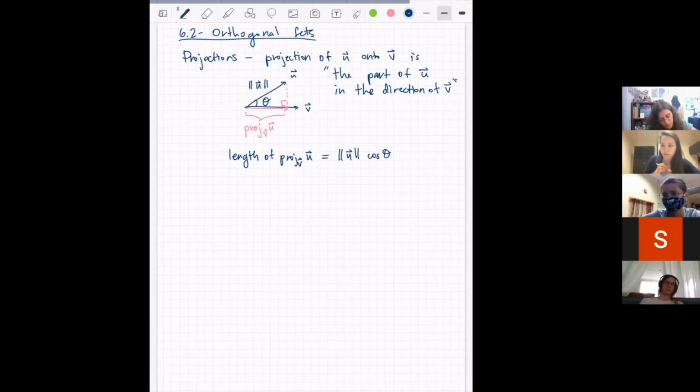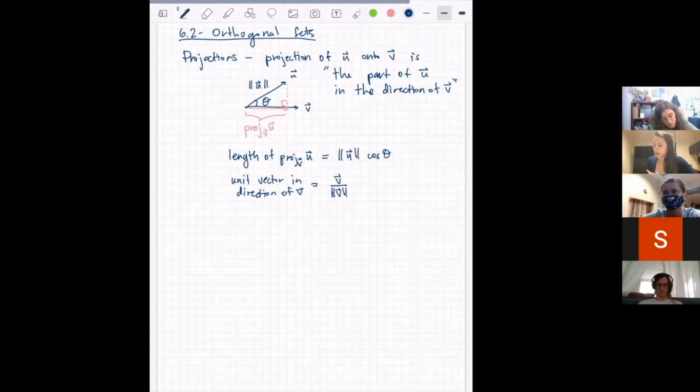Is that part okay with everybody? Okay, cool. So that's the length, and we know that it should be going in the same direction as V, so we can create the unit vector in the V direction by taking V and dividing by the norm, right? We talked about this last time. This is a unit vector, it just has length 1.